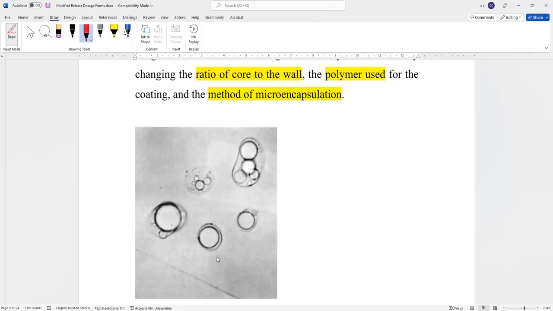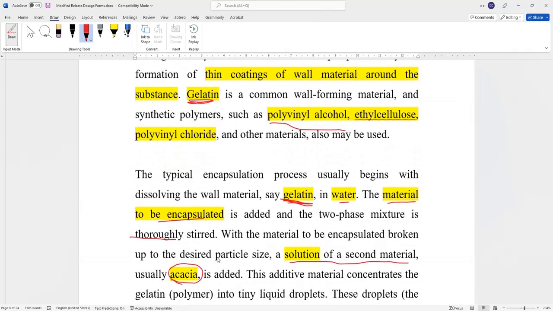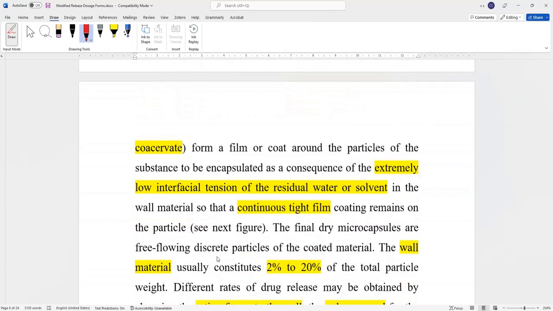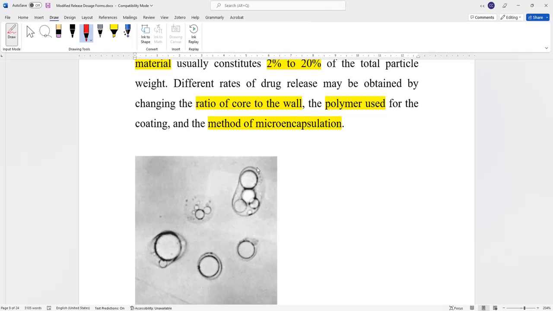Now this wall is a thin wall, and you will have a layer full of these droplets that you see here. Each droplet is surrounded by a gelatin coat. You will have a concentrated layer of that.